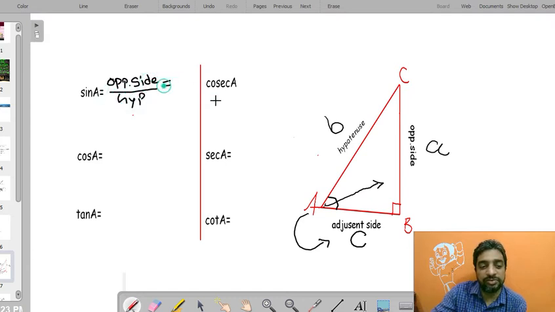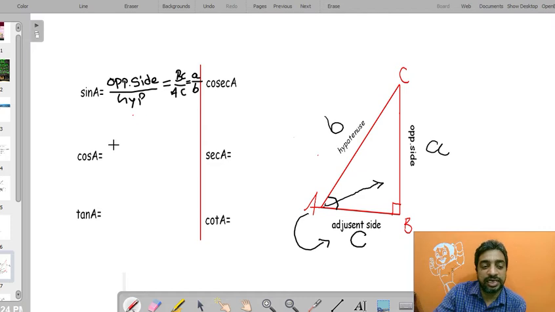The opposite side of A is BC, and the hypotenuse is AC, so it is small a by small b.